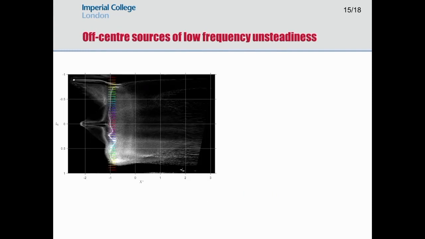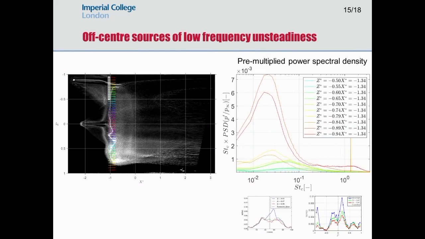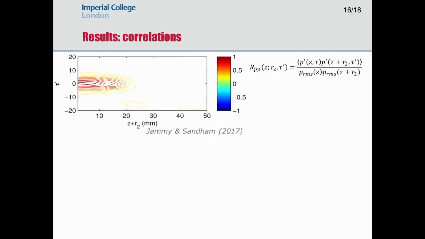I just wanted to focus on those measurements quickly because this is interesting. From a measurement taken here, you can see there's low-frequency power. So this begs the question: can this be contributing to the unsteady behavior that we've been observing at the center line for all these years? Similarly to Jamy and Sandham, I took the cross-correlation, which is basically the convolution of the pressure signal at the wall with the signals more inwards.